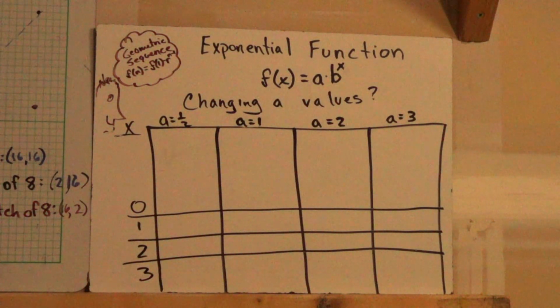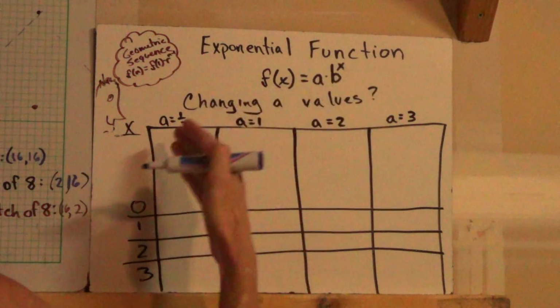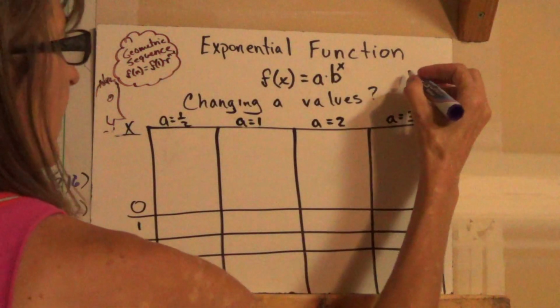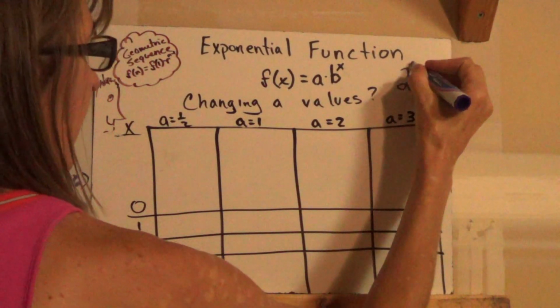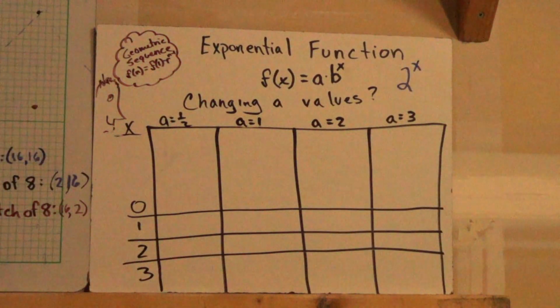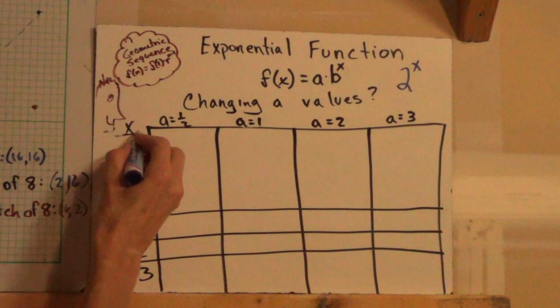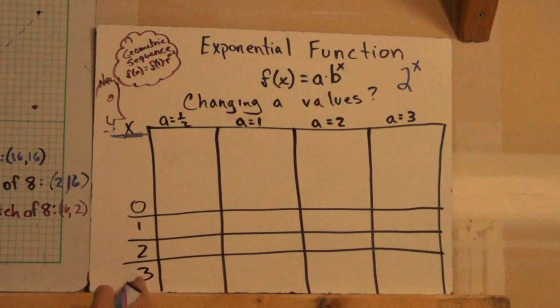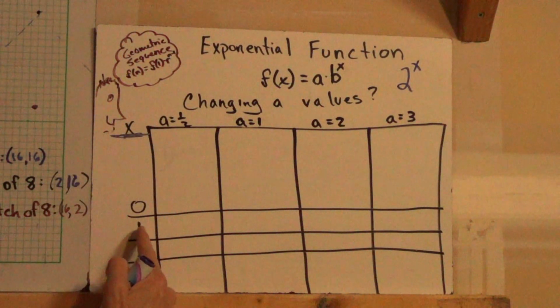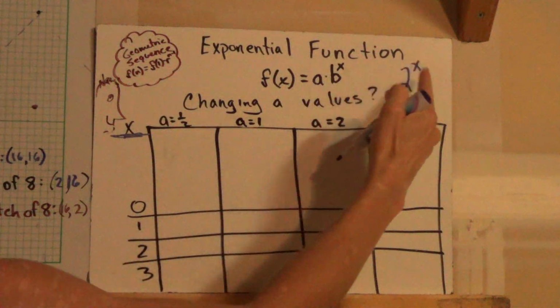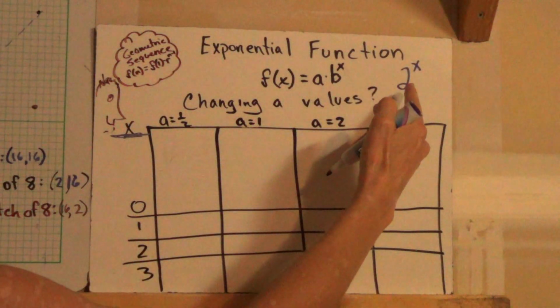So let's just choose a sample amount for b, because we're going to change the a, we'll keep the b constant. Let's say b is 2 to the x. That's an easy one. Here are our x values. If it was a sequence, we would start at 1. So 2 to the first would be 2.